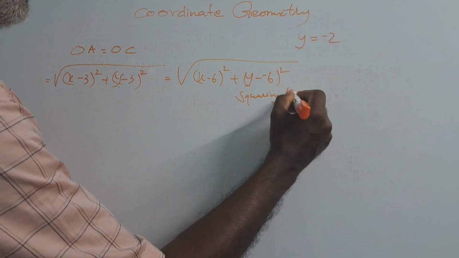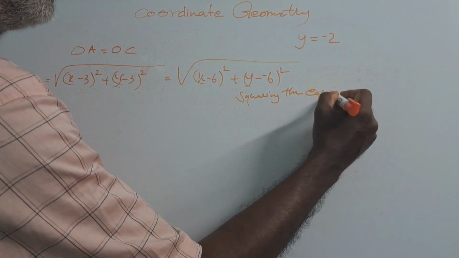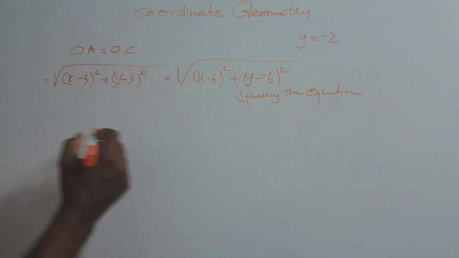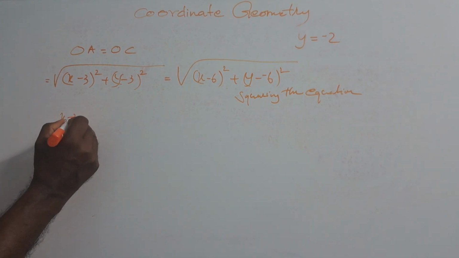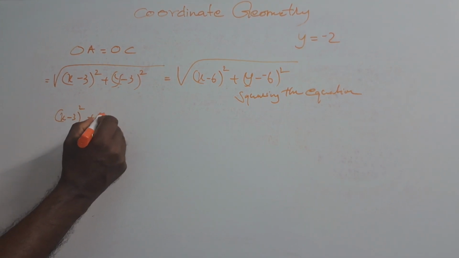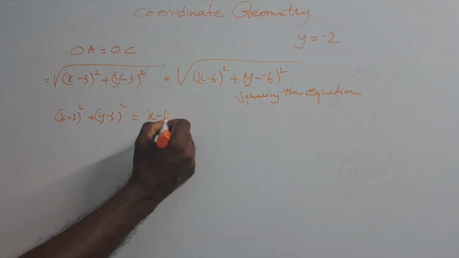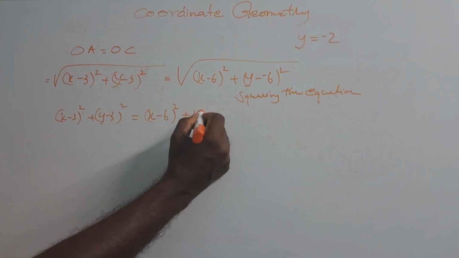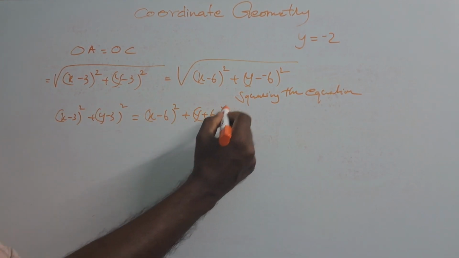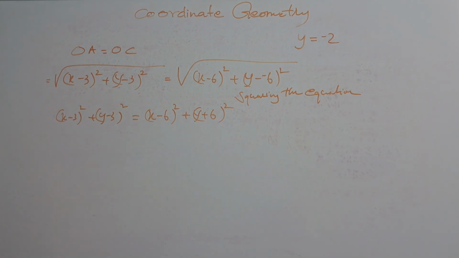Squaring the equation, we have (x minus 3) the whole square plus (y minus 3) the whole square equals (x minus 6) the whole square plus (y minus 6) the whole square. Let's expand the equation.